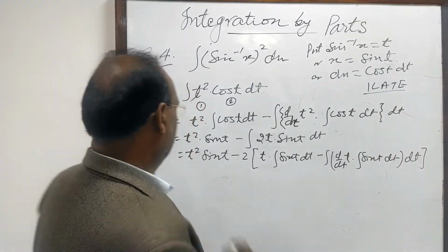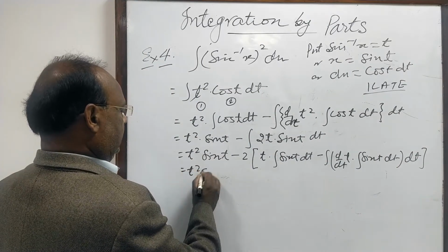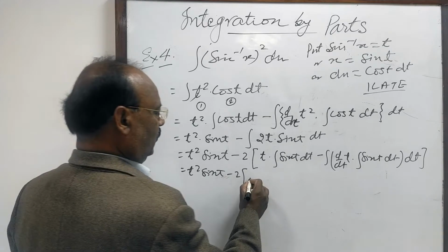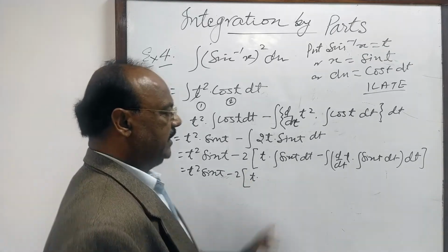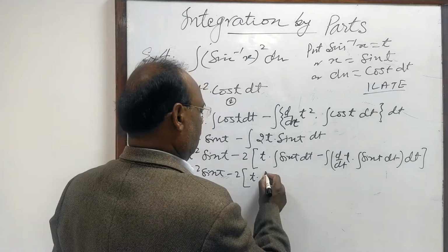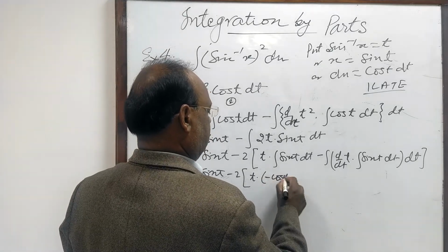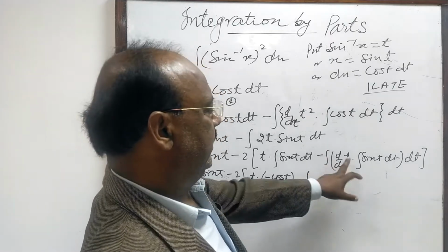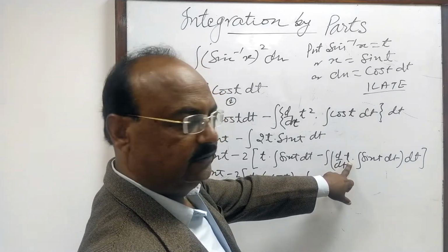Now evaluate it. This is t square sine of t minus 2t, integral of sine t is minus cos t. Correct? So this is minus of cos t minus integral of this derivative will be 1.